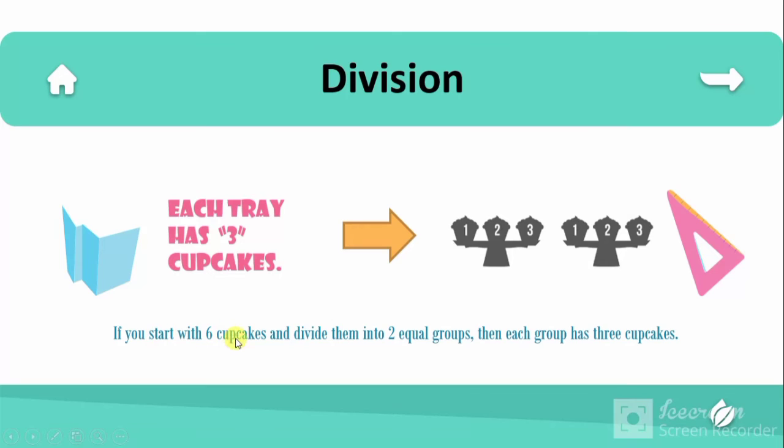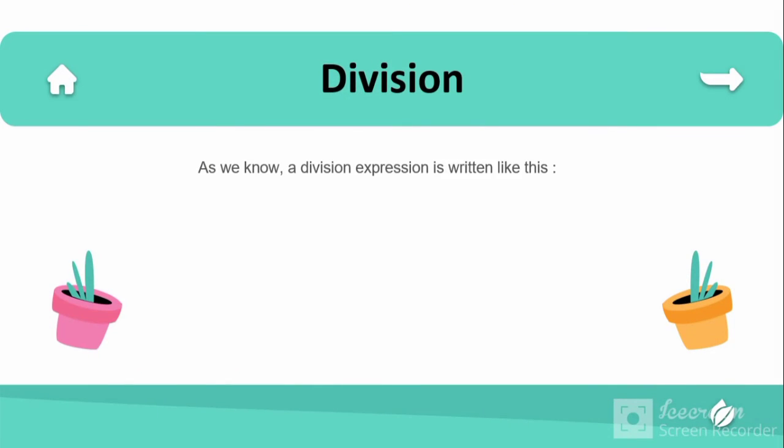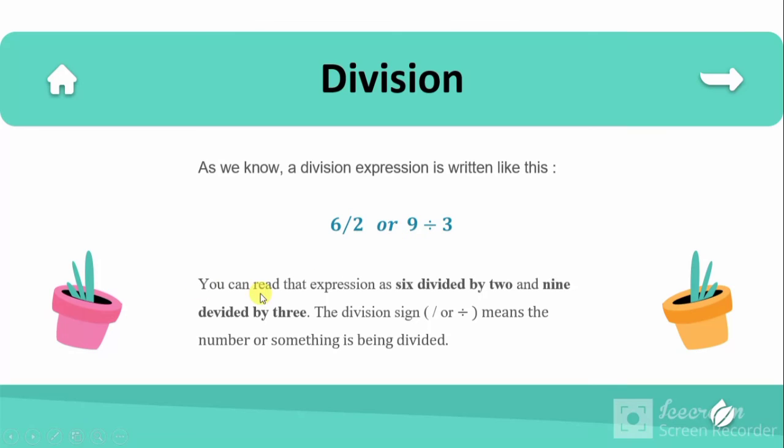If you start with 6 cupcakes and divide them into 2 equal groups, then each group has 3 cupcakes. As we know, a division expression is written like this. You can read the expression as 6 divided by 2 and 9 divided by 3. The division sign, this or this, means the number is being divided.